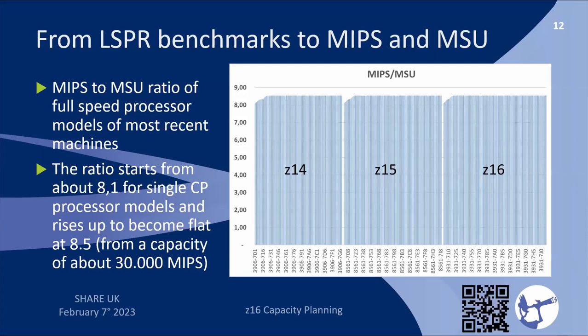So there is no estimate anymore. There is a straight relation between the MSU consumed by the latest hardware produced, at least from the last 8-9 years, and the MIPS. So you may say that you measure the MSU, you multiply by 8.5, and then you get a very good estimate of the MIPS that you are going to deliver.